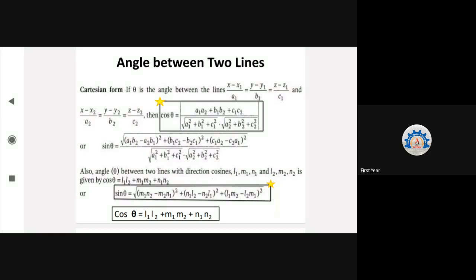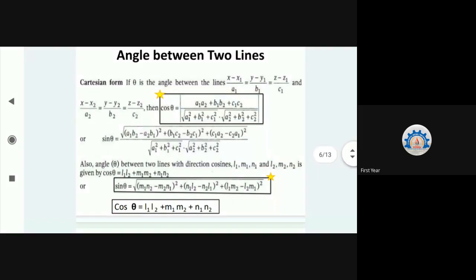Here x2, y2, z2 is a point from which the second line is passing, and a2, b2, c2 are the direction ratios of the second line. So cos theta can be calculated as mod of a1 a2 plus b1 b2 plus c1 c2 upon root of a1 square plus b1 square plus c1 square into root of a2 square plus b2 square plus c2 square.